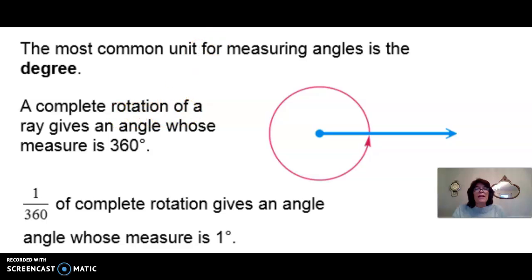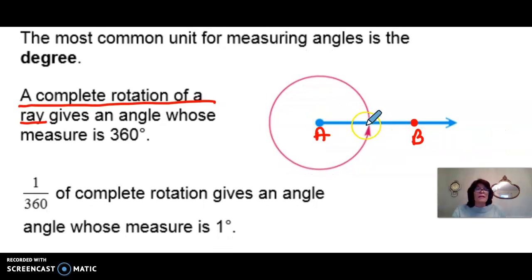Okay, so a complete rotation of a ray, like if I take this ray, maybe it's ray AB, and I swing it around and stop it right back where it started, it's going to go through 360 degrees, okay? 1/360th of a complete rotation gives an angle whose measure is 1 degree. Okay, so if I break this up into 360 equal parts, good grief, right? I'd have 90 parts right here. Here's 45 parts, right? 45 degree angle.